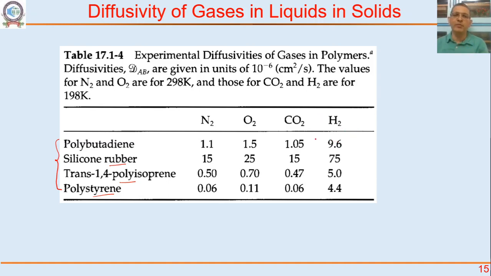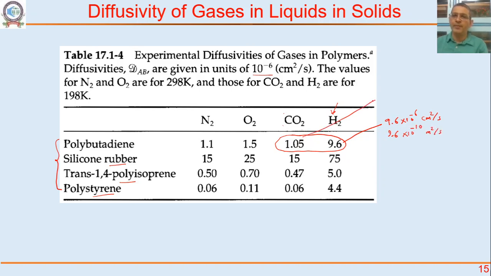So a couple of things you can see again, that diffusivity of smaller compounds is significantly larger as compared to diffusivity of bulkier molecules. These units are in 10 raised to minus 6, multiplied by 10 raised to minus 6 gives you centimeter square per second. So this would be like 9.6 into 10 raised to minus 6 centimeter square per second. This is like 9.6 into 10 raised to minus 10 meter square per second.